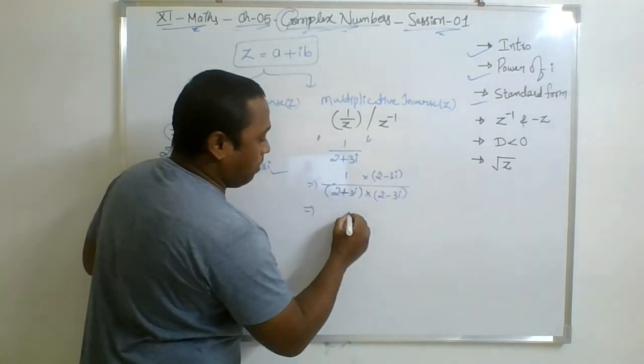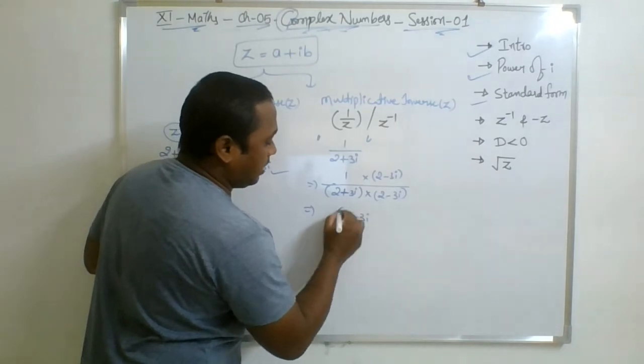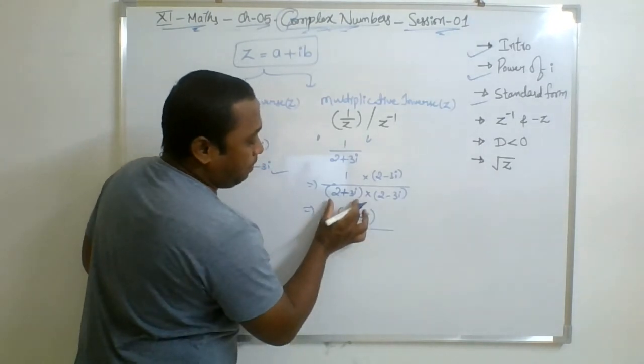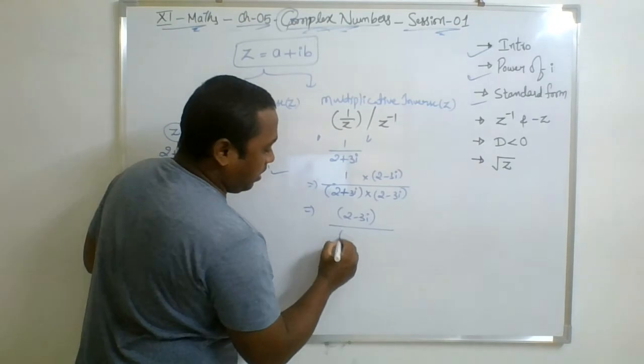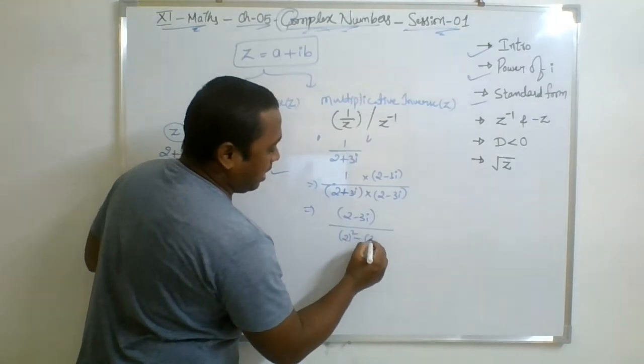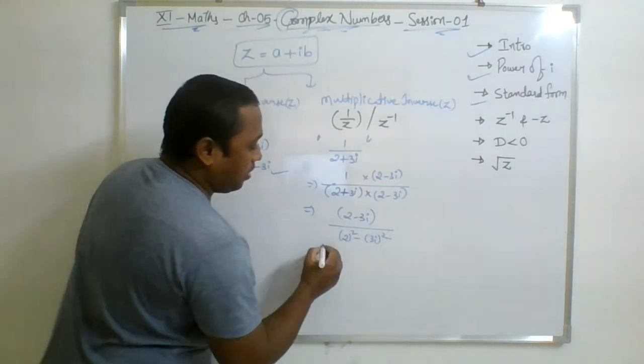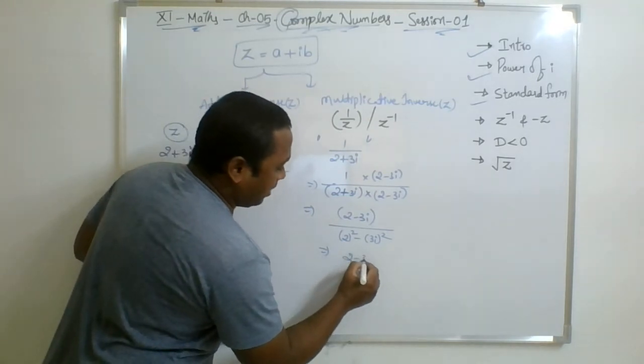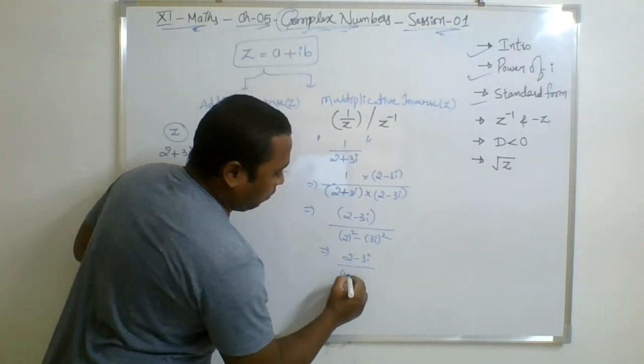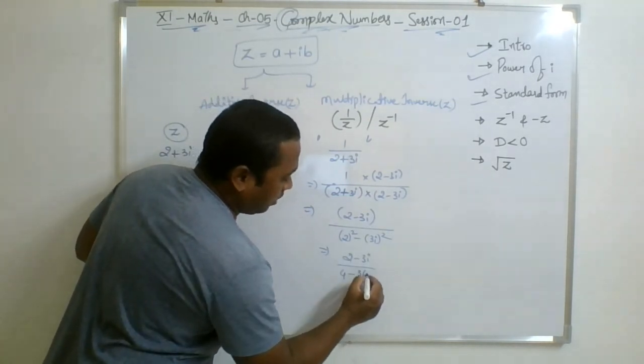Now 1 into 2 minus 3i is 2 minus 3i, divided by a plus b into a minus b. It means a square minus b square simply. So 2 minus 3i by 4 minus 3 into i square.